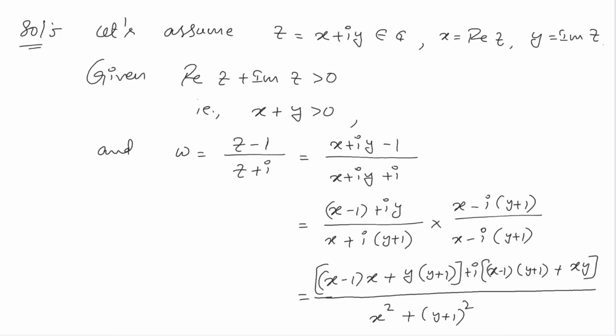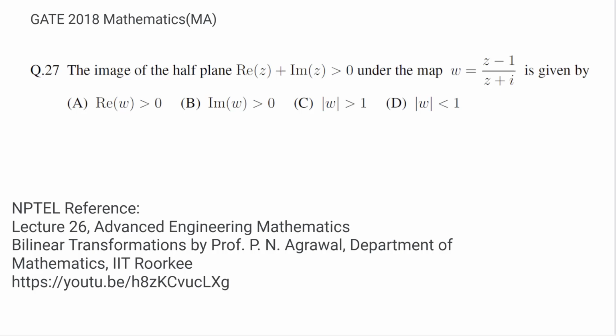Now to check options C and D, from the given function, we can directly see from the numerator that it is nothing but z minus 1 divided by z plus i. To make this function 0, we look at the zeros of this function, that is the value z equal to 1.